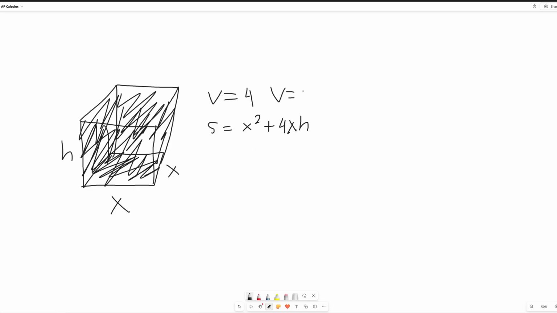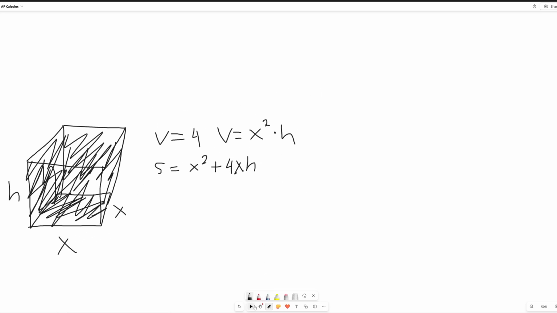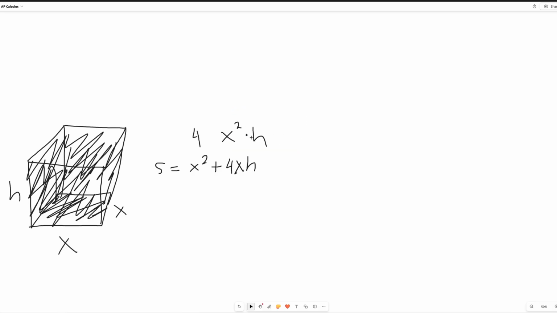So volume is x times x, well, I'm just going to write it as x squared, times your height. Length times width times height. Alright, so we can just get rid of this V equals, because our volume is 4. So we're actually just going to have 4 equals x squared times h.